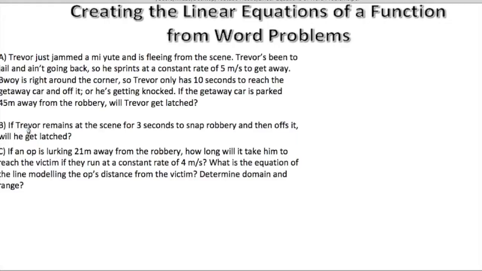Part B: if Trevor remains at the scene for 3 seconds to snap the robbery and then offs it, will he get latched? Part C: if an op is lurking 21 meters away from the robbery, how long will it take him to reach the victim if they run at a constant rate of 4 meters per second? What is the equation of the line modeling the op's distance from the victim, and determine the domain and range?